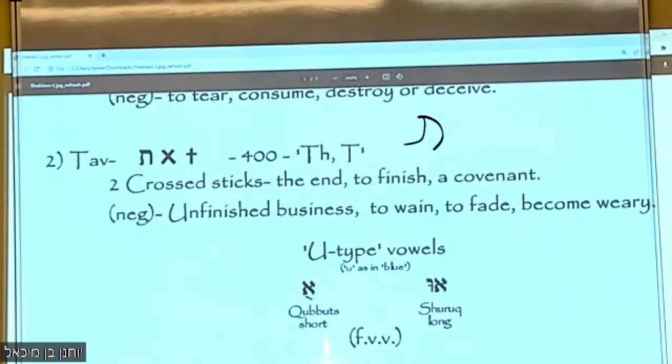So in biblical Hebrew, where the Yud means he will, and the Aleph means I will, the Tav symbolized she will.